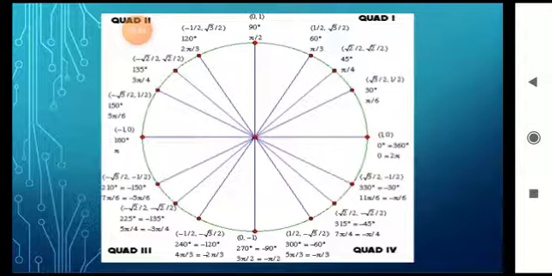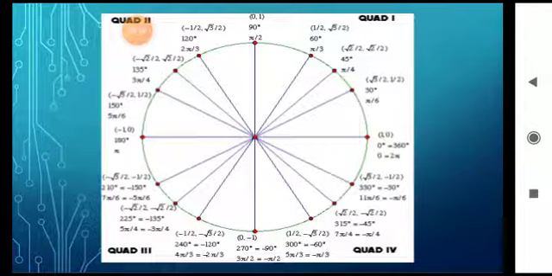After 180 it is calculated at 210 and 225, then 240, and then 270. After 270 it is calculated at 300, 315 and 330. So at all these lines, the value of the angle is given at every point.